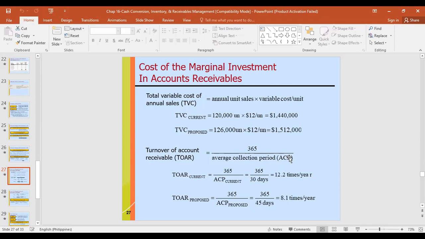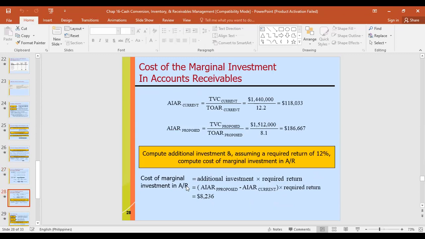ACP, by the way, is also known as day sales outstanding. So we get the respective turnover of AR for current and proposed. What was done by the author here is that the turnover is rounded. But I would suggest if we compute later on, we do not round off so that we can really have the same final answers.